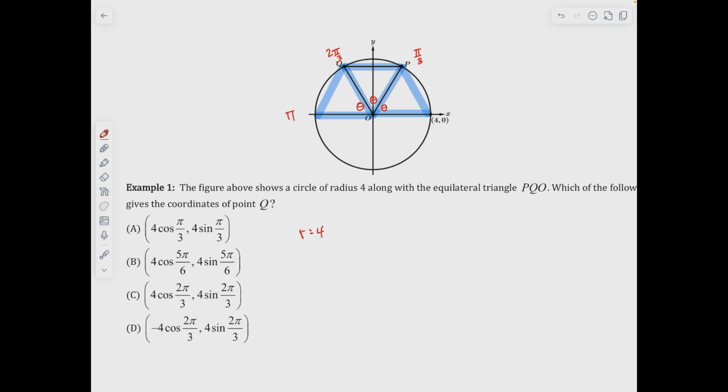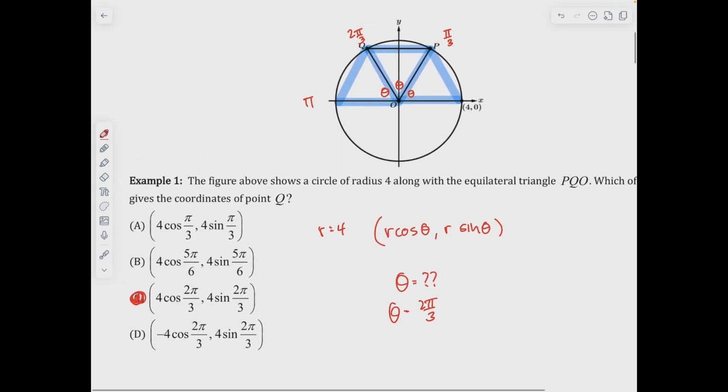We know the radius is 4, so 4 cosine theta and 4 sine theta is what we're looking for. So what's theta? As we just discussed, theta is 2 pi over 3. So r cosine of 2 pi over 3 and r sine of 2 pi over 3.